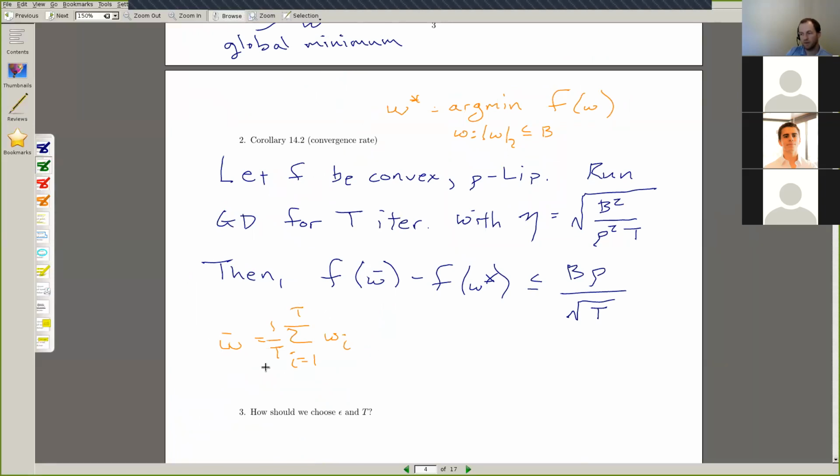It's a little bit counterintuitive why you would want to use this instead of just the very last element, but it actually turns out that this has, in some cases, much better theoretical results. It's guaranteed to work in some situations where, if you only use WT, the very last element of the search, there are situations where that is guaranteed not to work, but this one is guaranteed to work.